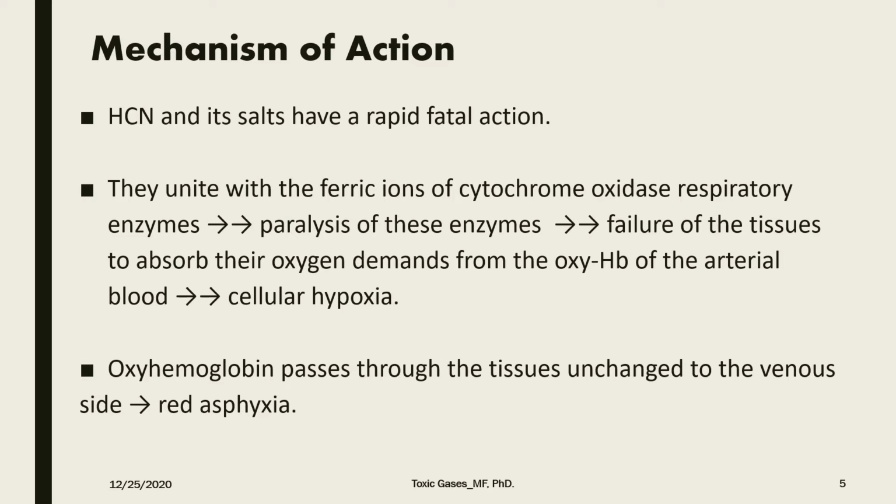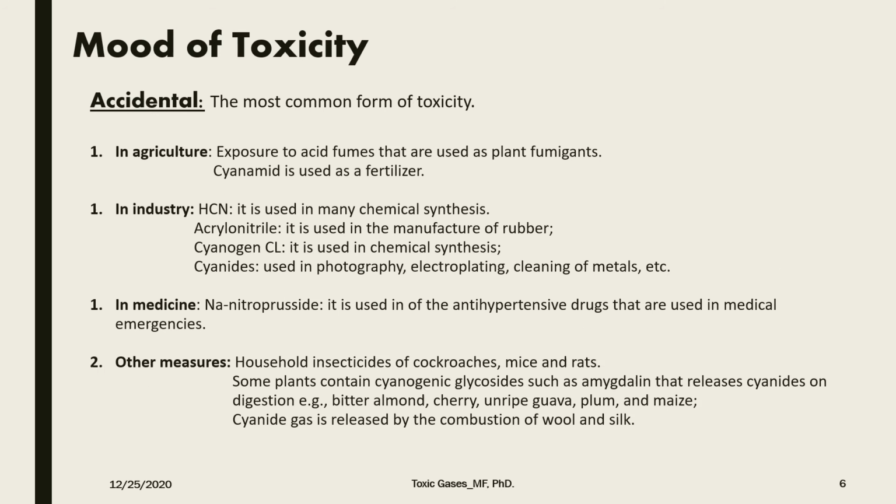Oxyhemoglobin passes through the tissue unchanged into the venous side, and this is why it is called red asphyxia, because the oxyhemoglobin remains in the veins, giving the body a cherry red color.